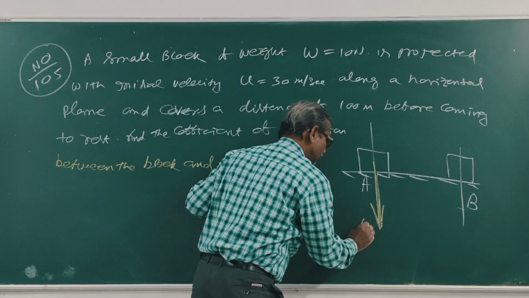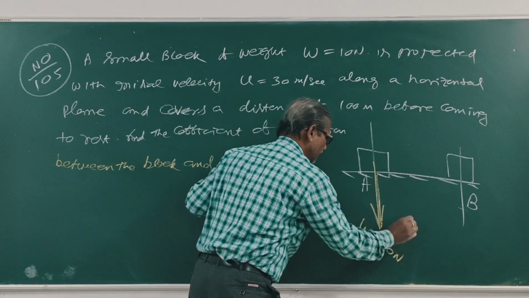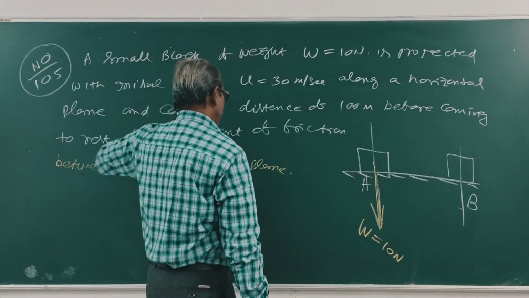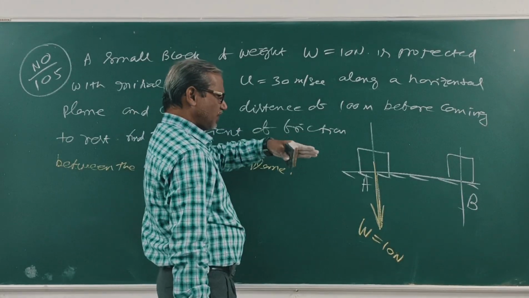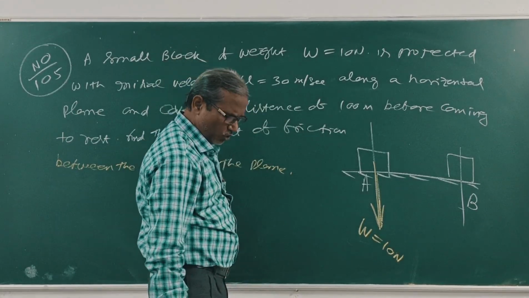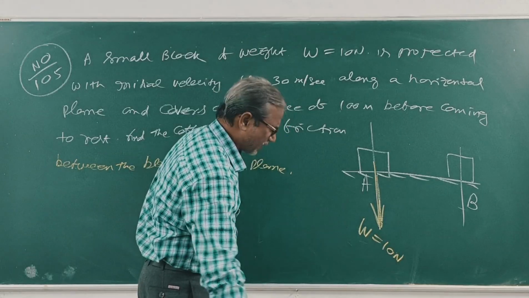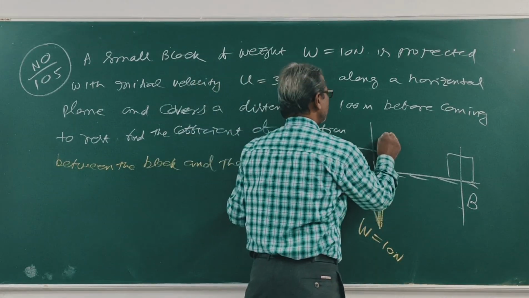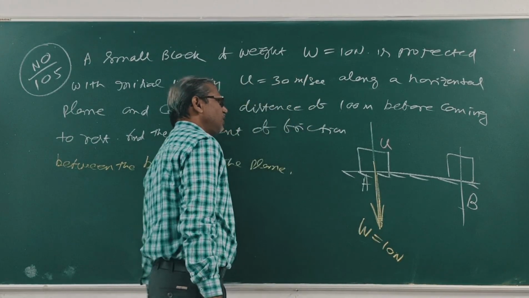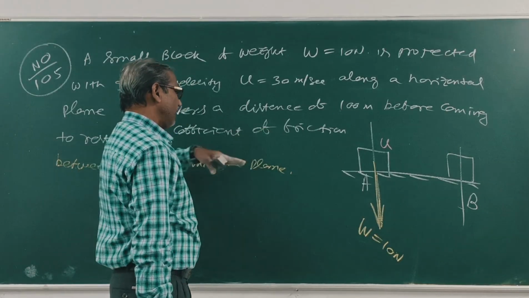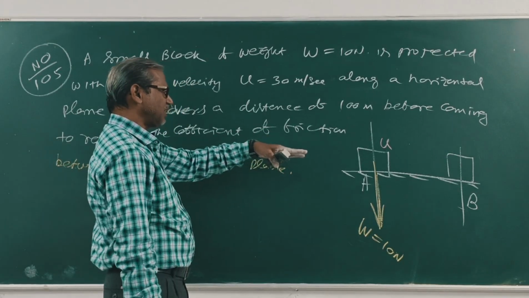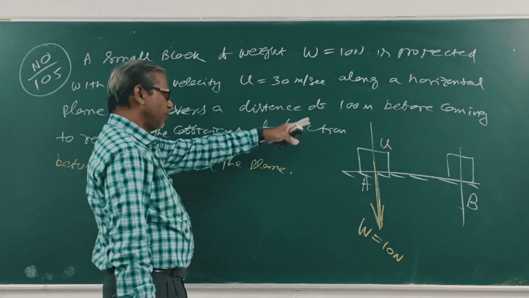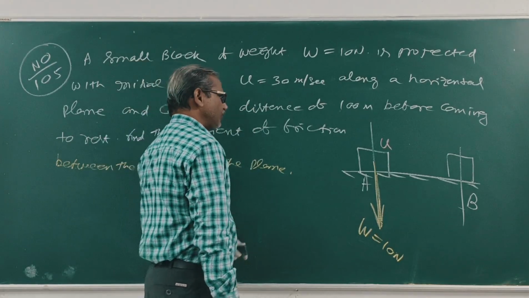The block of 10 Newton is projected horizontally with velocity U is equal to 30 meter per second. This is U. In a horizontal plane it covers distance S, 100 meter, before coming to stop. This is V. What is V equal to? 0.